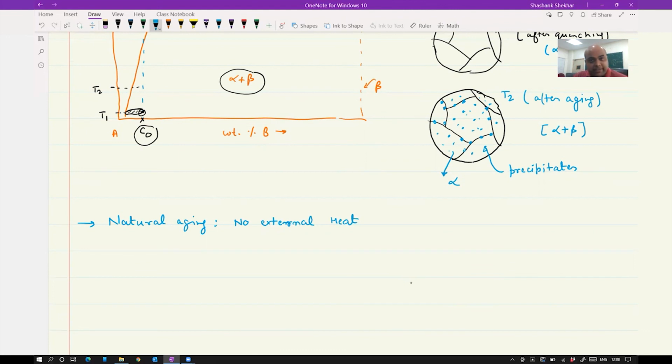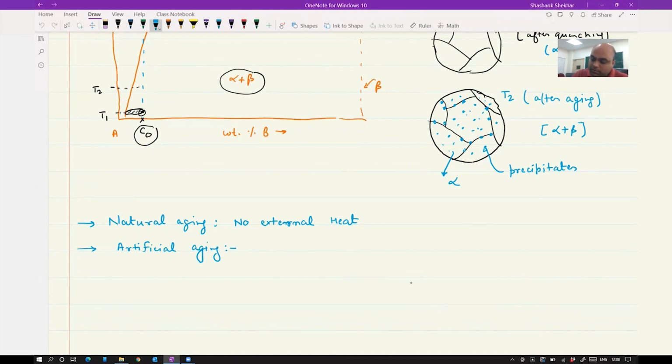But when we heat it in the furnace, we are applying some external heat. We call it artificial aging. That means we are supplying some external heat so that precipitates can come out from the matrix much faster.